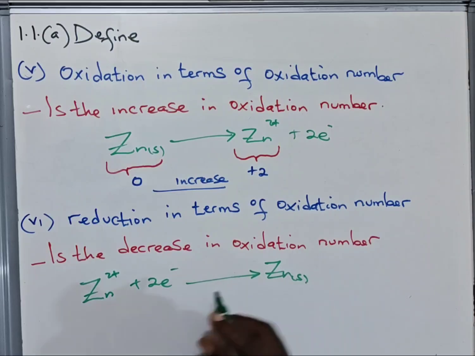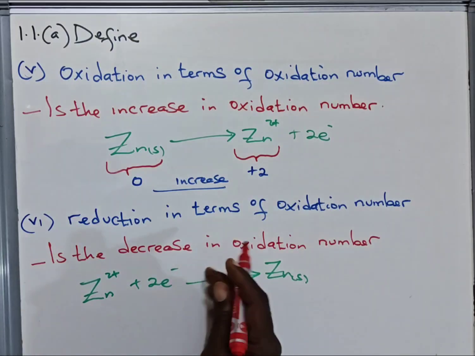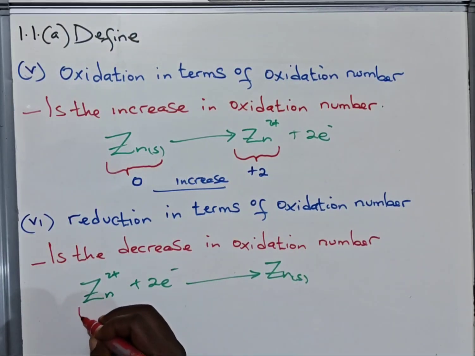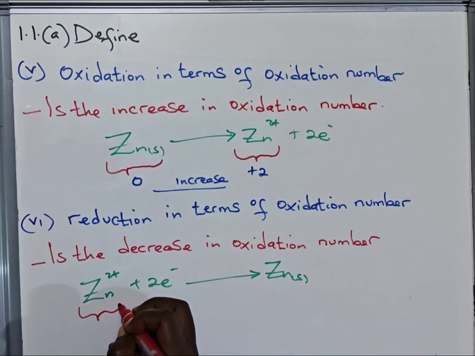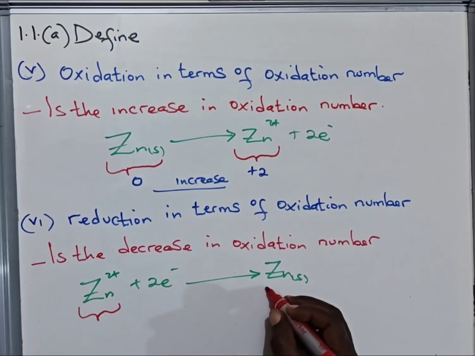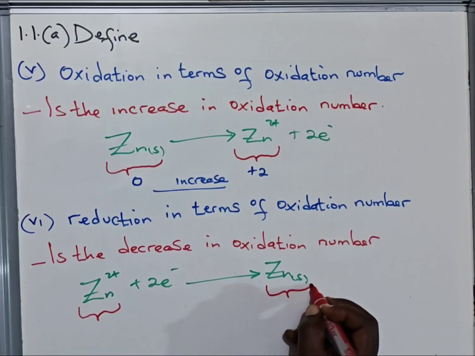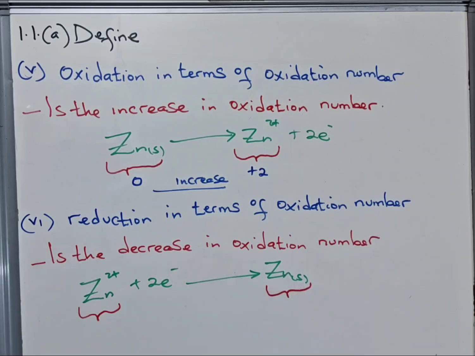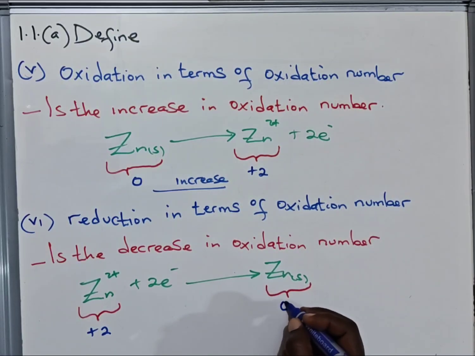Now, like we did before, you ignore electrons because we are looking at oxidation numbers, and you look at what you have on the reactant side and the product side. The zinc on the reactant side has oxidation number +2, and here it has oxidation number 0.